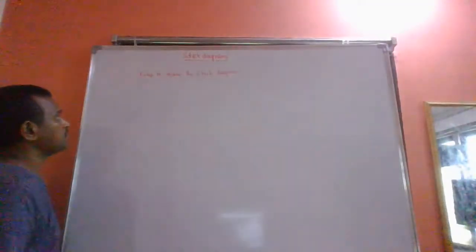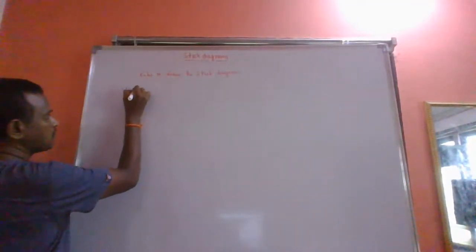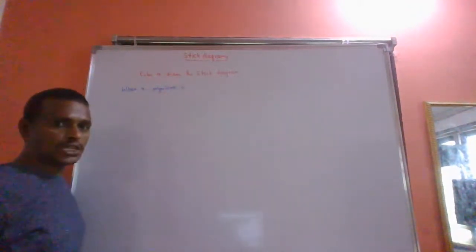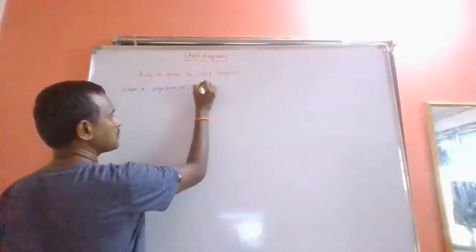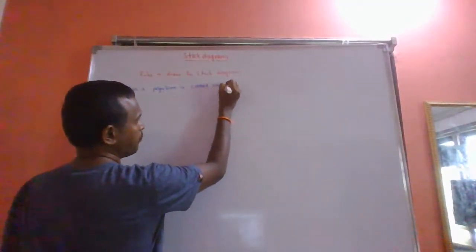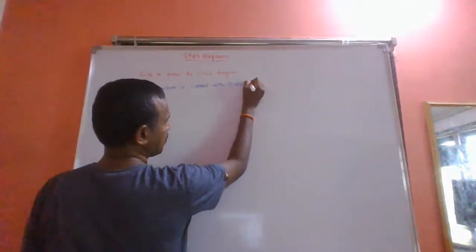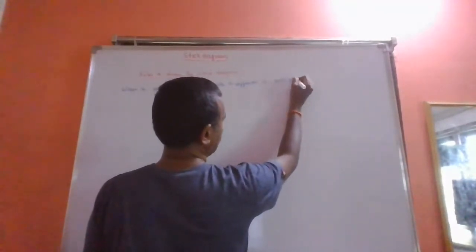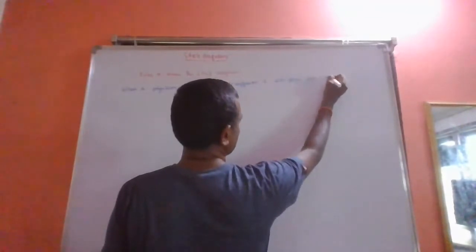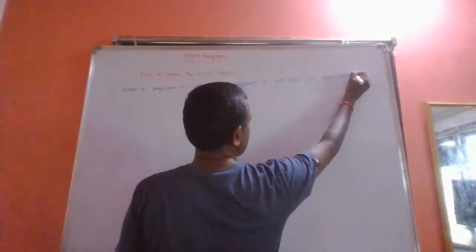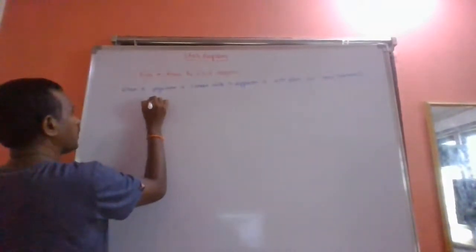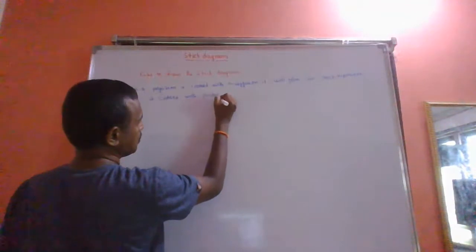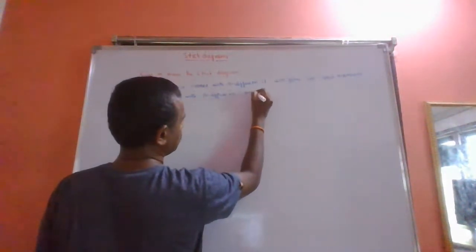Suppose the first rule is, when a polysilicon is crossed with N diffusion, it will form an NMOS transistor, and when it is crossed with P diffusion, a PMOS will form.